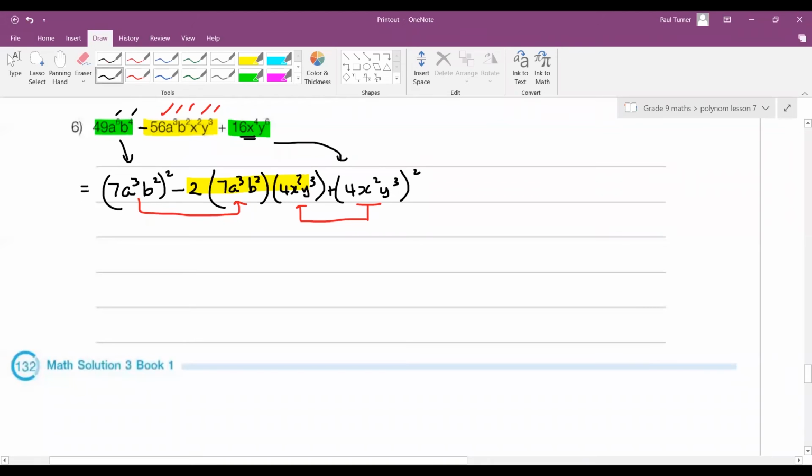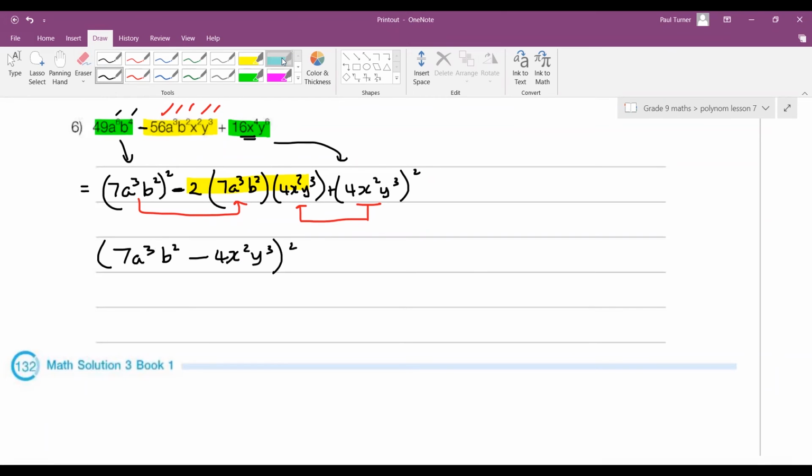So then we can write it as a perfect square or complete square. 7a3b2 minus, because we have minus, and then 4x squared y3, all squared.